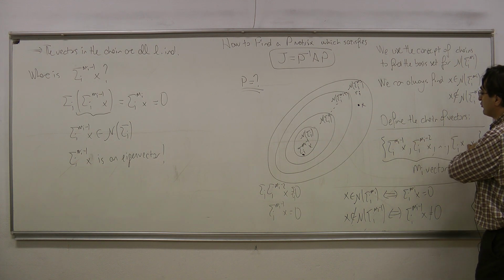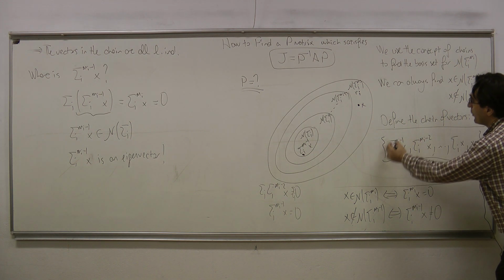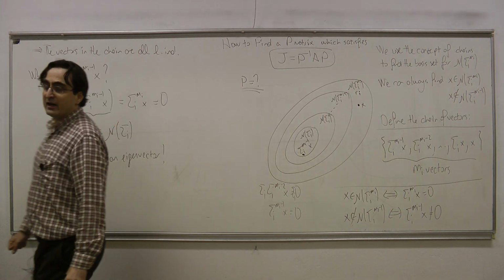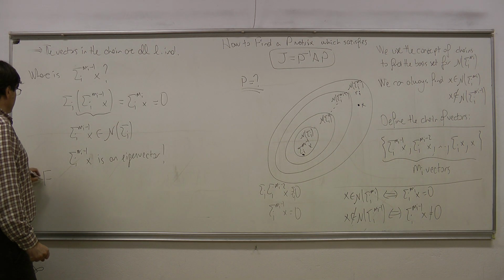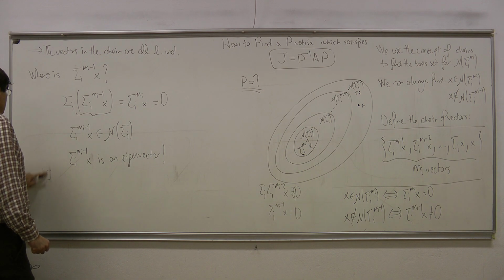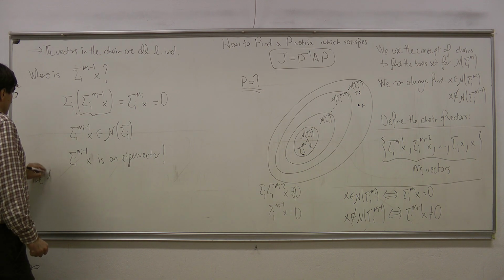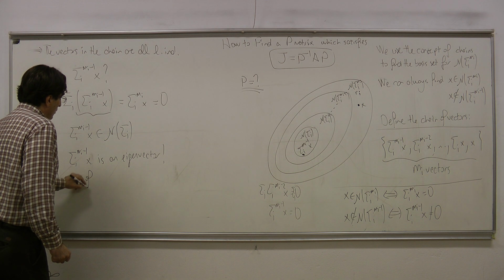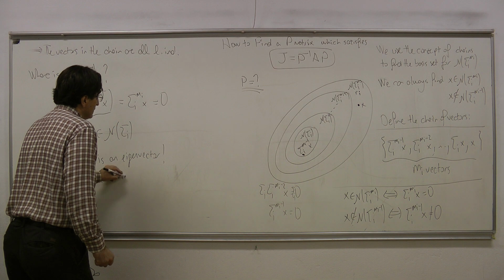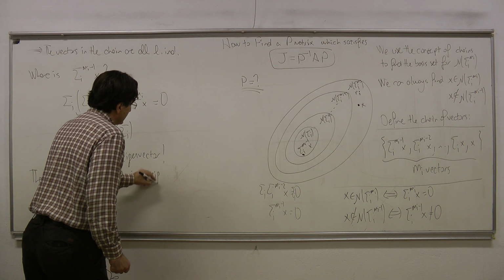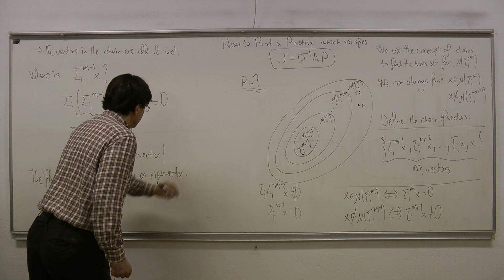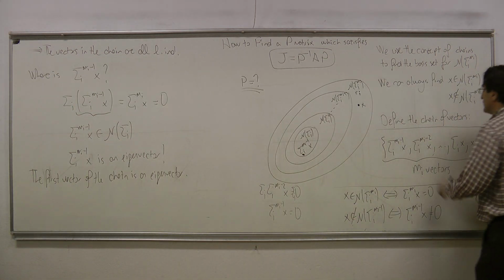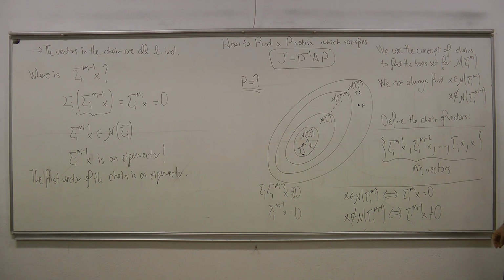So when I form a chain of vectors, the first vector of that chain is always an eigenvector. Let me write it. The first vector of the chain is an eigenvector. Okay? So we know this fact. What about the other vectors? We are going to see that none of them are actually eigenvectors.